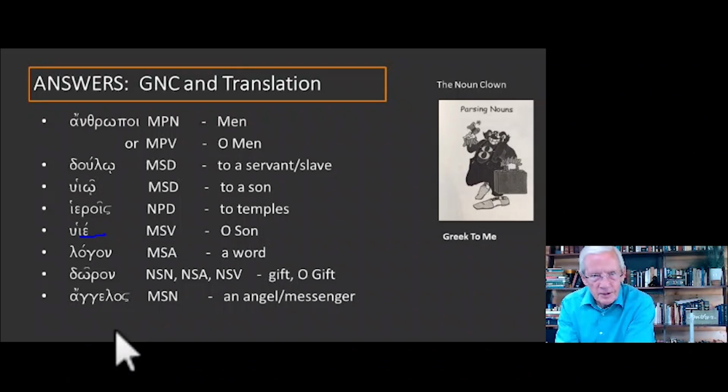And translation would be gift or O gift. Either as a subject of a sentence, the direct object, or the case of direct address. And finally, angelos. That's the vocab form, isn't it? Masculine, singular, nominative. So that's an angel or a messenger.